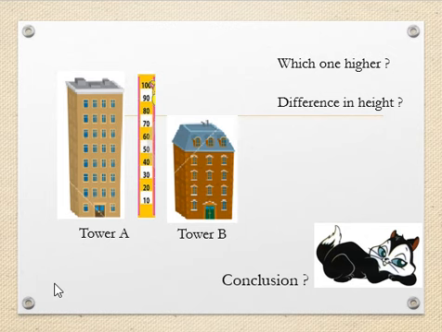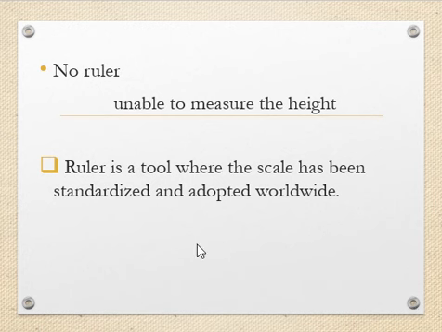Now, if we put the ruler, we know the difference between the towers, right? Conclusion? Well, we need a ruler to quantify the difference in height. With no ruler, we are unable to measure the height. A ruler is a tool where the scale has been standardized and adopted worldwide.